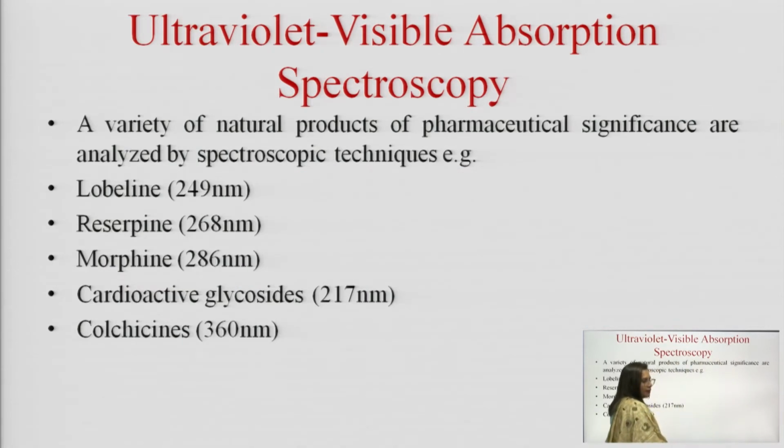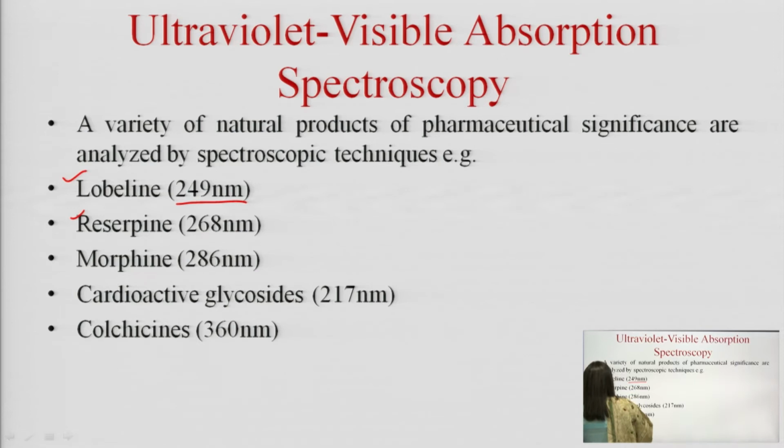So, in ultraviolet visible absorption spectra, a variety of natural products of pharmaceutical significance are analyzed by this spectroscopic technique. For example, lobeline, a constituent of Lobelia inflata, shows 249 nm lambda max.